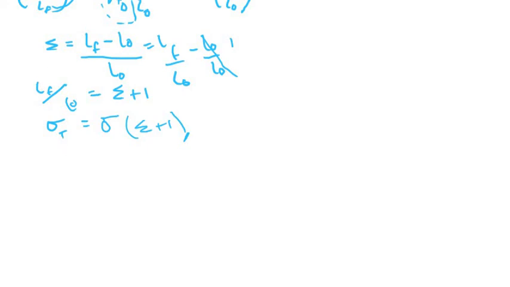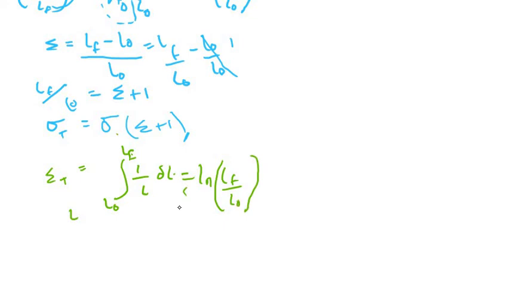As for your true strain, you can remember that when we brought it out as the integral of 1 over L dL from original L to final L, what we got was ln LF over L0.